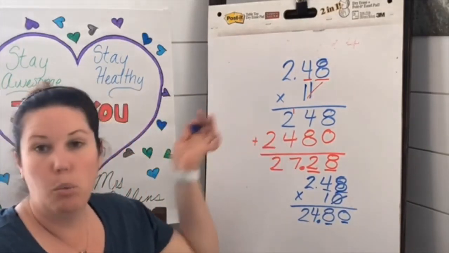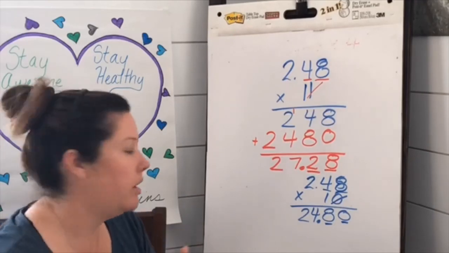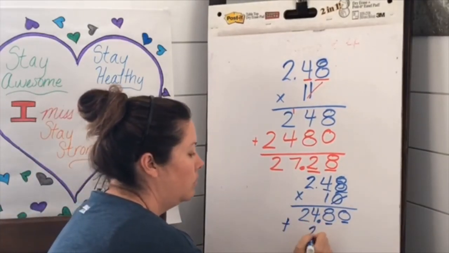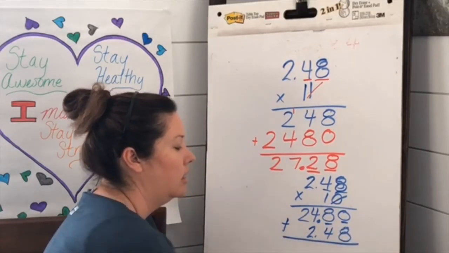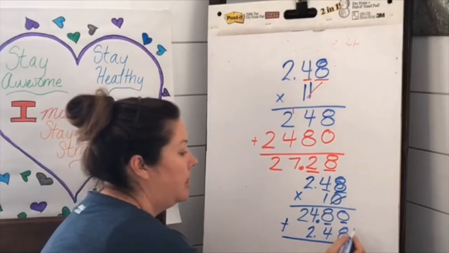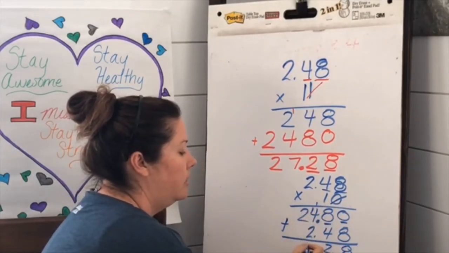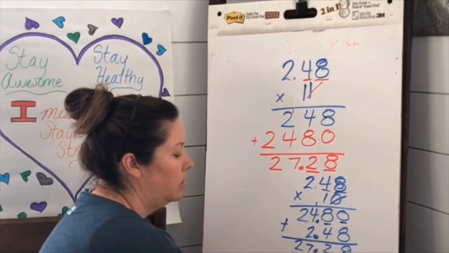But I still have that 1 left over because it's 11, right? And I still have the 1. So now I'm going to add to that the 2.48 here. And now I can add that, and that becomes 8, 12, and 7, and 2, and I bring my decimals straight down.